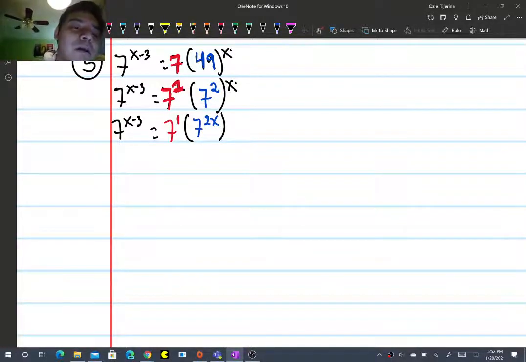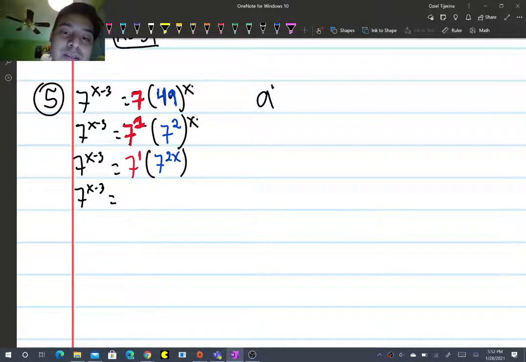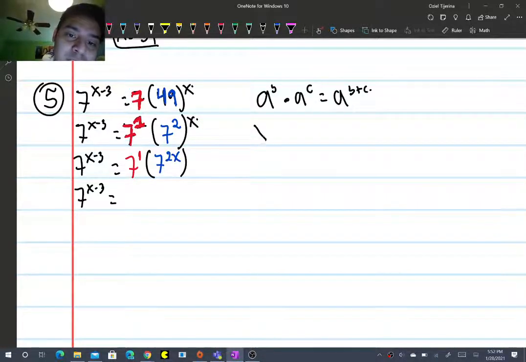Now the left side stays the same like always. This is where laws of exponents comes in: a to the b times a to the c equals a to the b plus c. Similarly, x to the m times x to the n equals x to the m plus n.